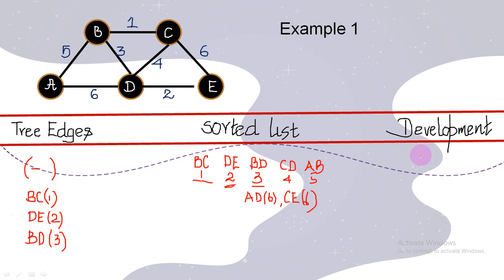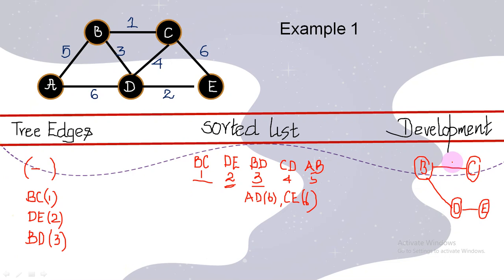If we start writing the development of this spanning tree, here it goes. B is here, then C, since BC is the first edge that was chosen, and DE was the next edge that was chosen. Then BD is chosen.